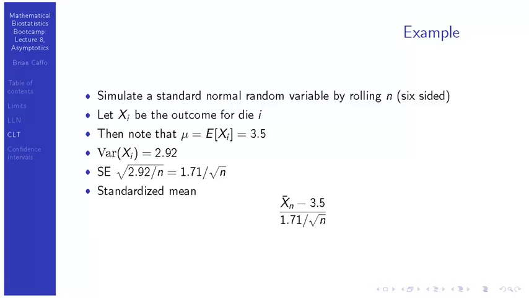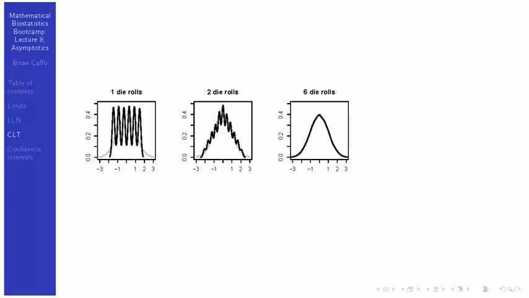On the next slide, basically what I've done is I rolled the die one time, and I did that over and over and over again, so an average of 1, and I standardized the average of 1. So in this case, for an average of 1, it would be a die roll minus 3.5 divided by 1.71.